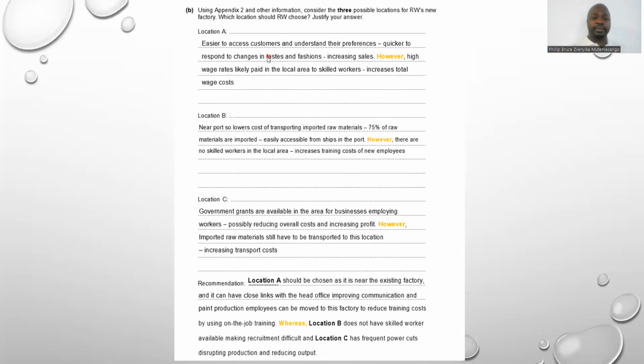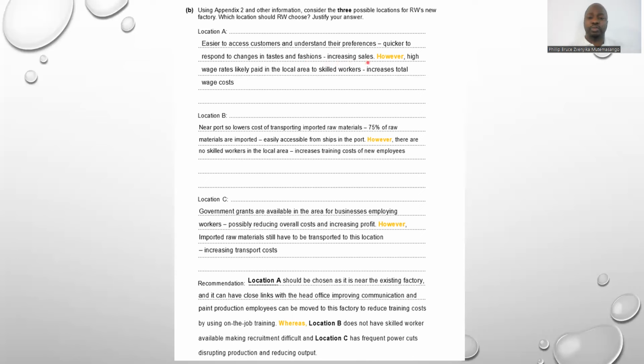So location A has easier access to customers and understands their preferences. Yes, that's a good point, but show us how that benefits the business. This leads to a quicker response to changes in tastes and fashions, leading to an increase in sales.